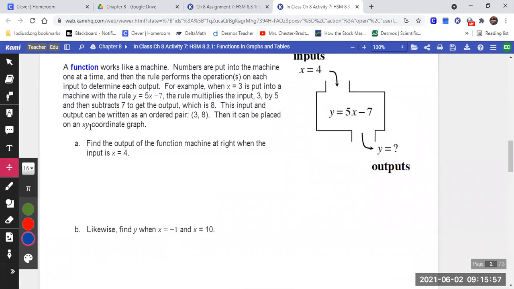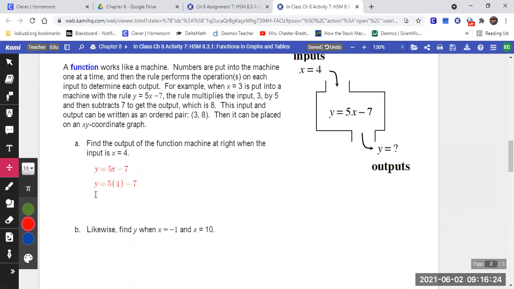So find the output when the x is 4. So we get our equation. What was our equation? They told us that our equation is y equals 5x minus 7. I substitute in the 4. Y equals 5 times 4 minus the 7.